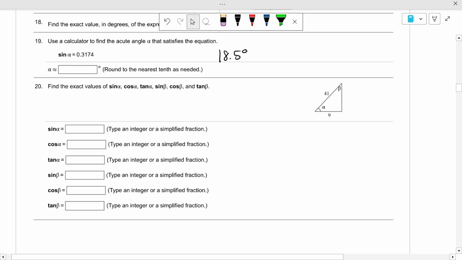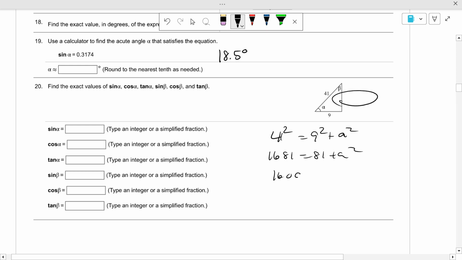All right. So on this one, we got to figure out what this side is. So 41 squared equals 9 squared plus a squared. So 41 squared is 1,681. 1,681 equals 81 plus a squared.